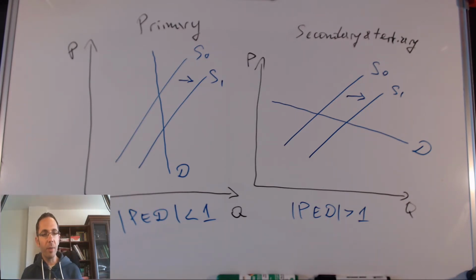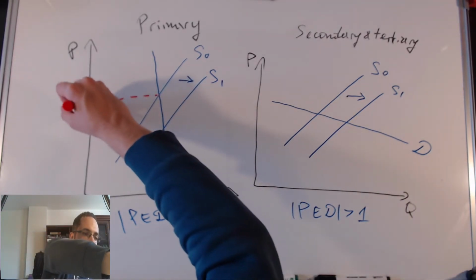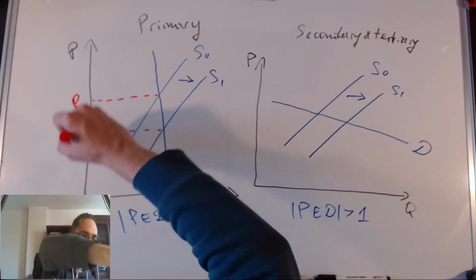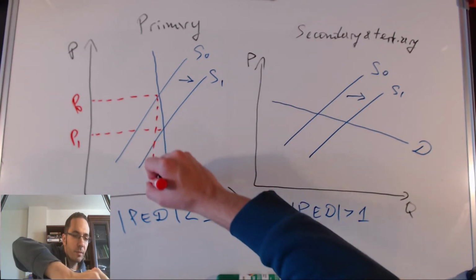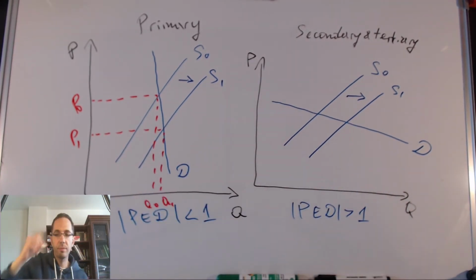If we look at the primary commodity, what we are going to see is a relatively large decline in the price level, and a small increase in the quantity.